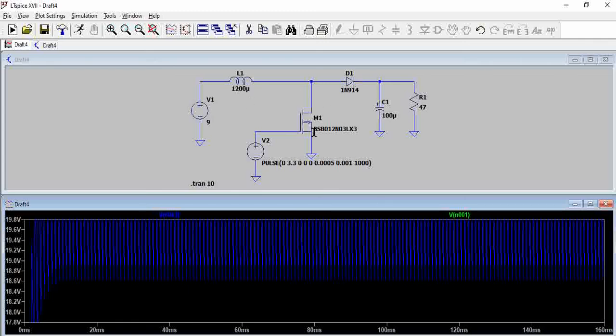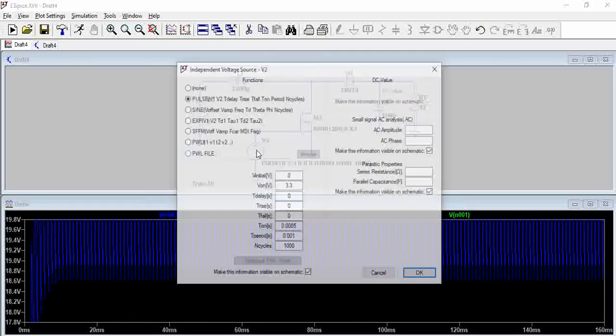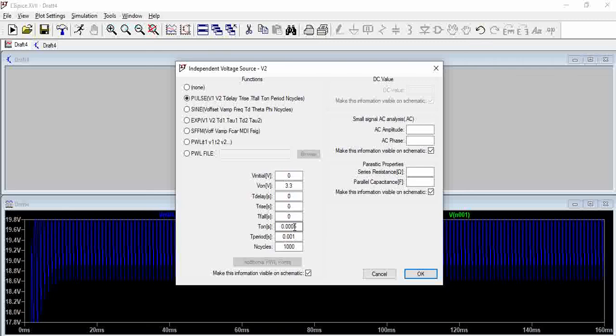That means the more the MOSFET is on, the higher the voltage that is developed across the inductor. So when we say more time the MOSFET is on, that means the on time of the MOSFET must be high. So considering that scenario, let's assume 0.005, we make it 0.007, that means 700 microseconds.